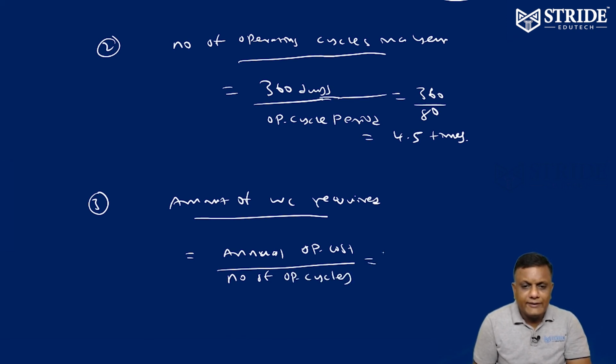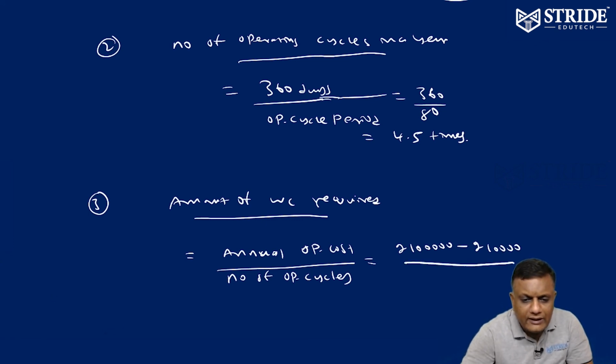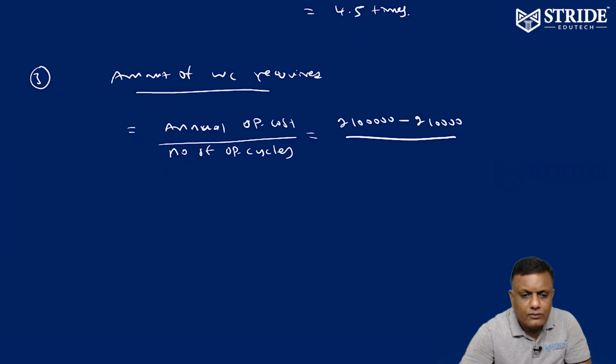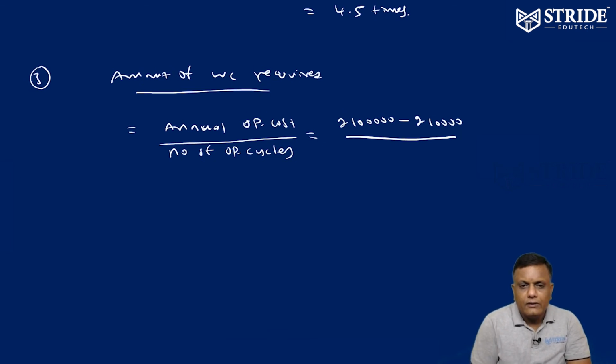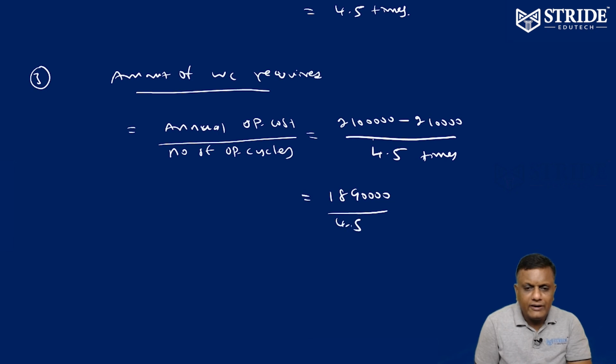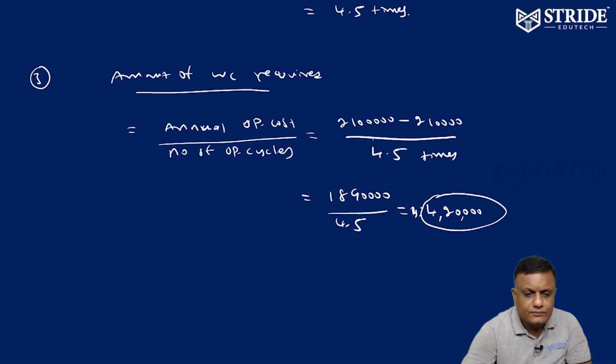For annual operating cost, we have to exclude depreciation, that is 21 lakhs minus depreciation 2,10,000, by 4.5 times. On dividing this, the numerator value is 18,90,000 and the denominator value is 4.5 times. You will get a value of 4,20,000. So the amount of working capital required is rupees 4,20,000.